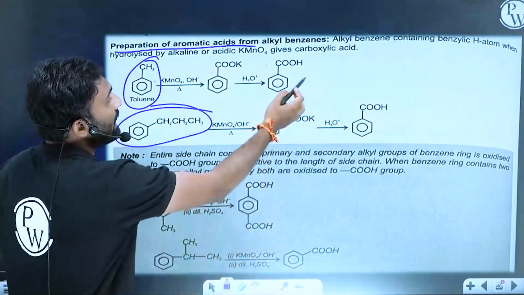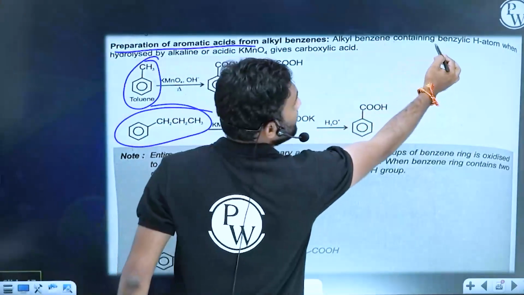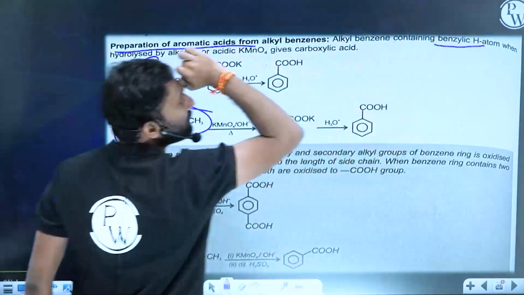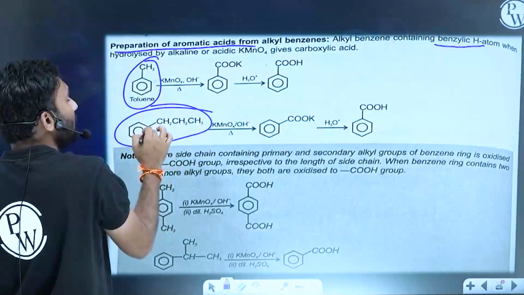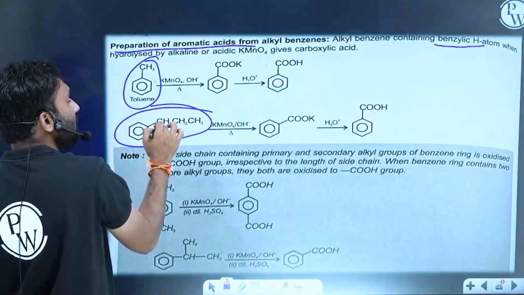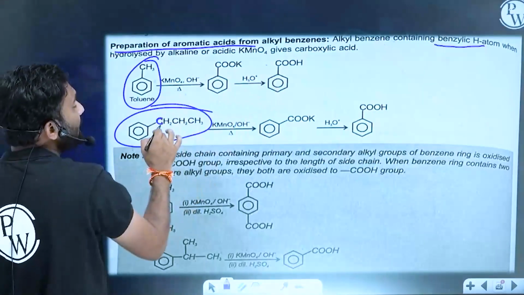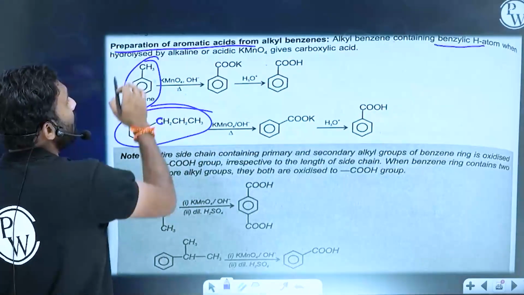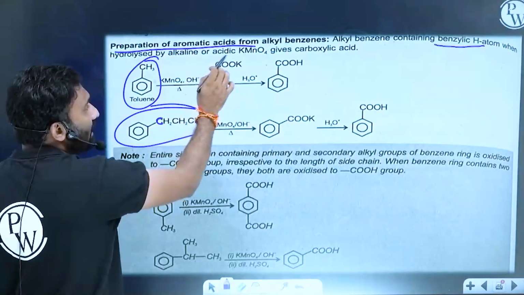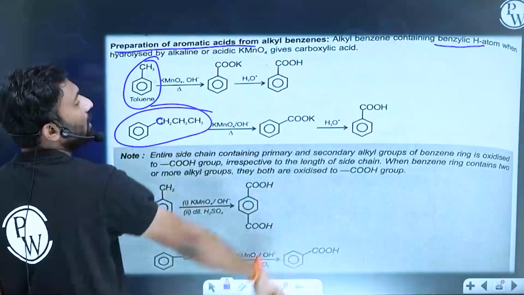Clear? Now look here, an alkyl benzene containing benzylic hydrogen atoms. The carbon attached to the benzene is the benzylic carbon, and these are the benzylic hydrogens. When treated with alkaline or acidic KMnO4, it will give the carboxylic acid.